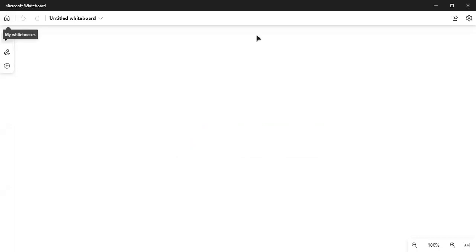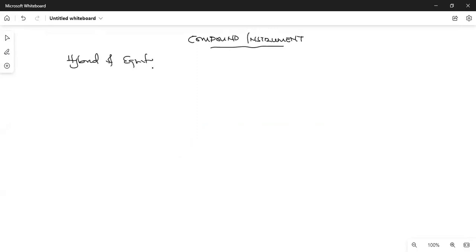Now, a compound instrument. It's actually a hybrid, right? It's a hybrid of equity instruments.